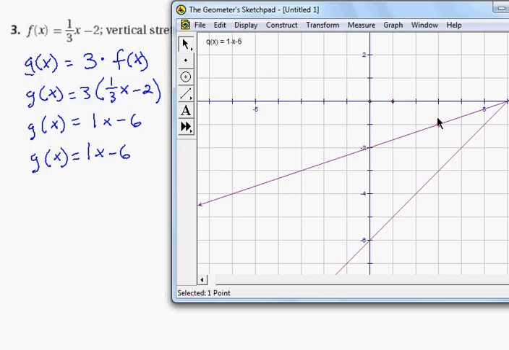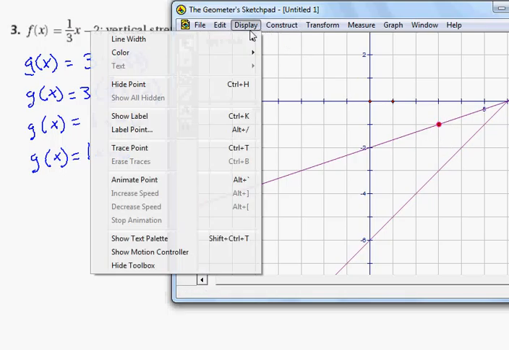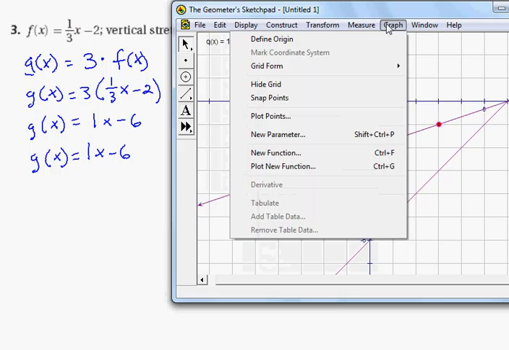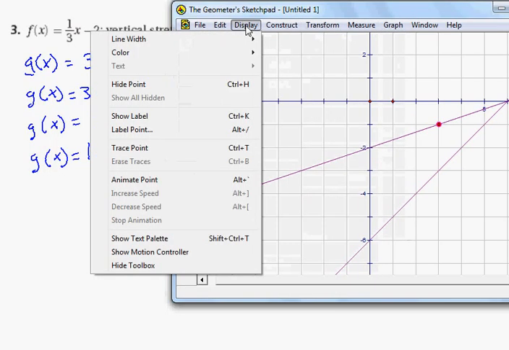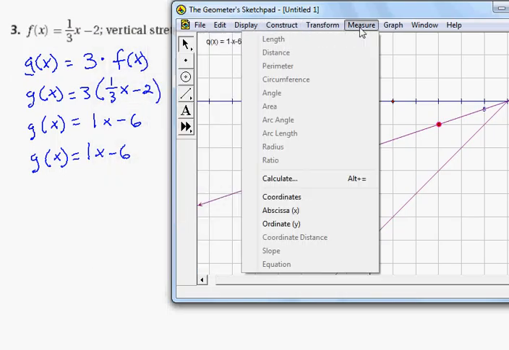If I were to look at that coordinate, display the point, measure the coordinates.